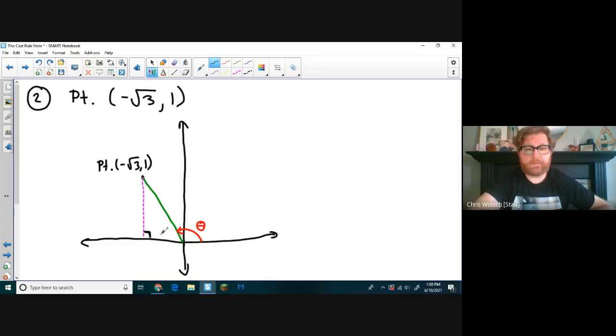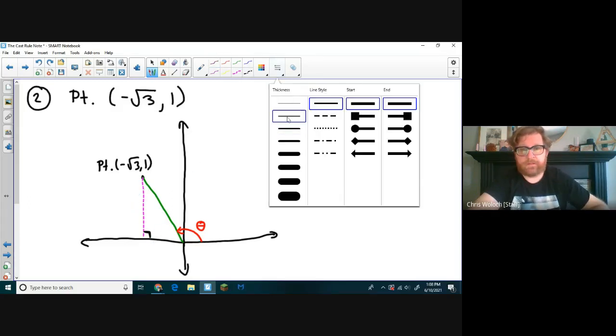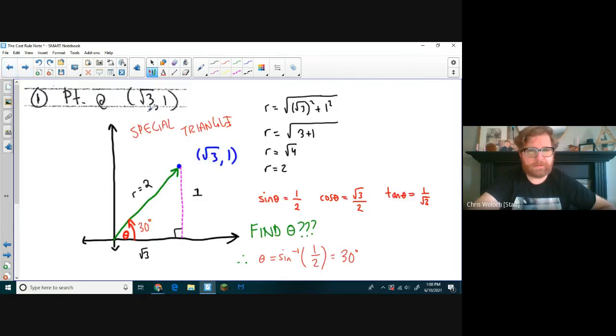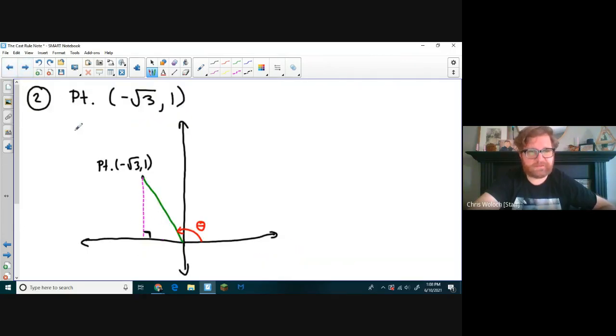Now, in terms of labeling the triangle, notice the point. We're going to have the same triangle, just the x value changes. So this is -√3 and this is 1. Now what is r? You could go through the whole process of finding r, but I'm using the same points, just alternating whether x or y are negative.